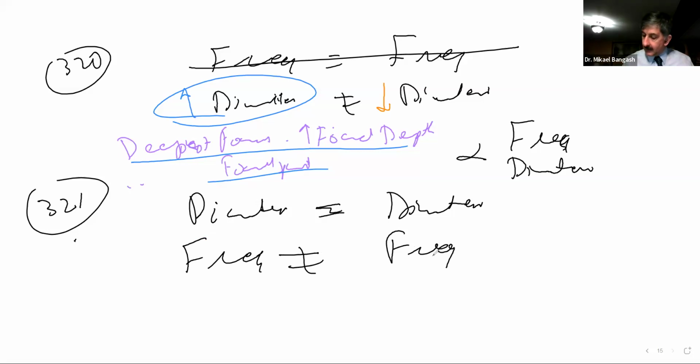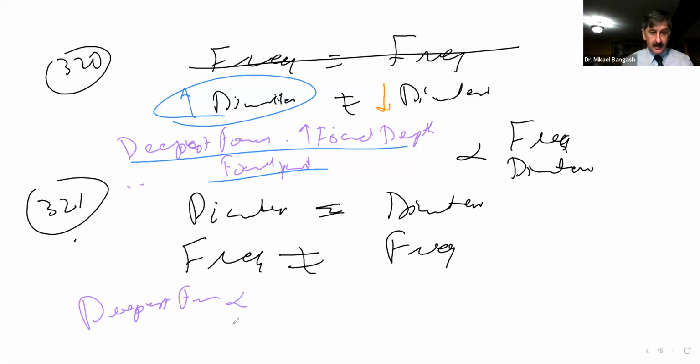And what they're asking is, which system has the deeper focus? Same thing, deepest focus, or deeper focal depth, or deeper focal point.